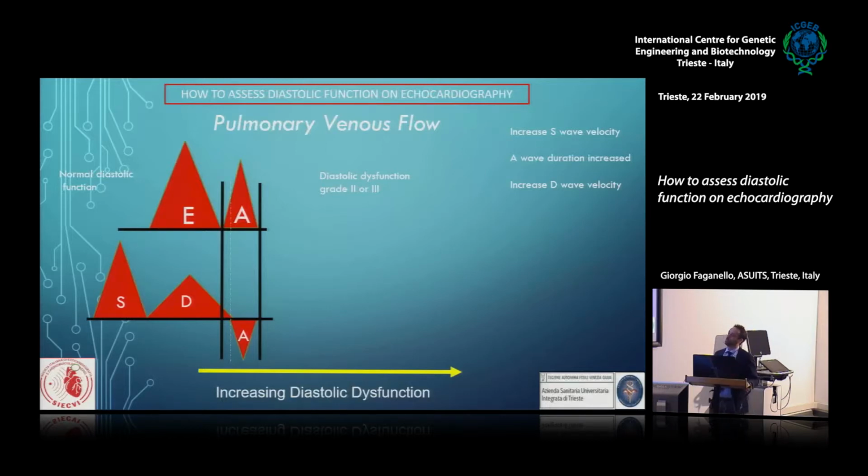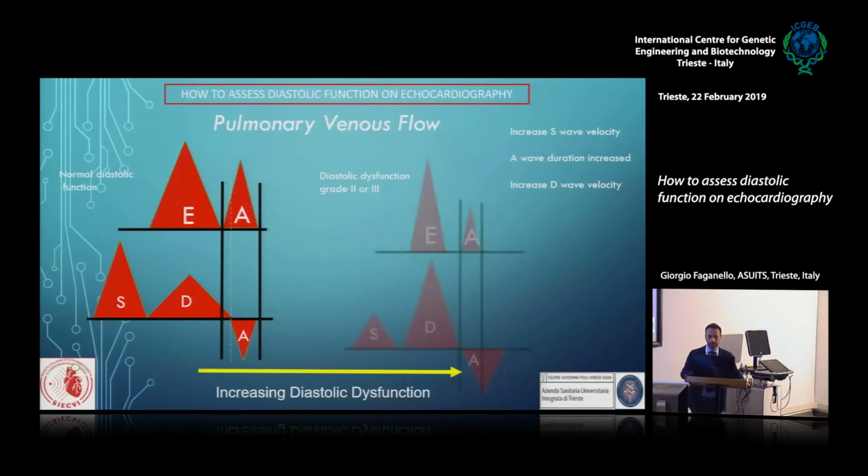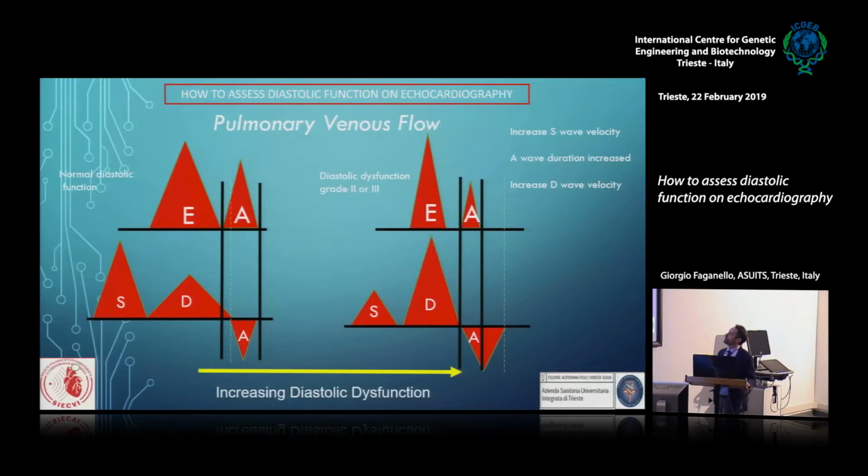But if you have very high pressure in the LV cavity, the atrial kick will struggle because of the high pressure in the LV cavity. Okay? So the mitral A wave will last less compared to before, so your reversal flow will be much longer compared to normal.